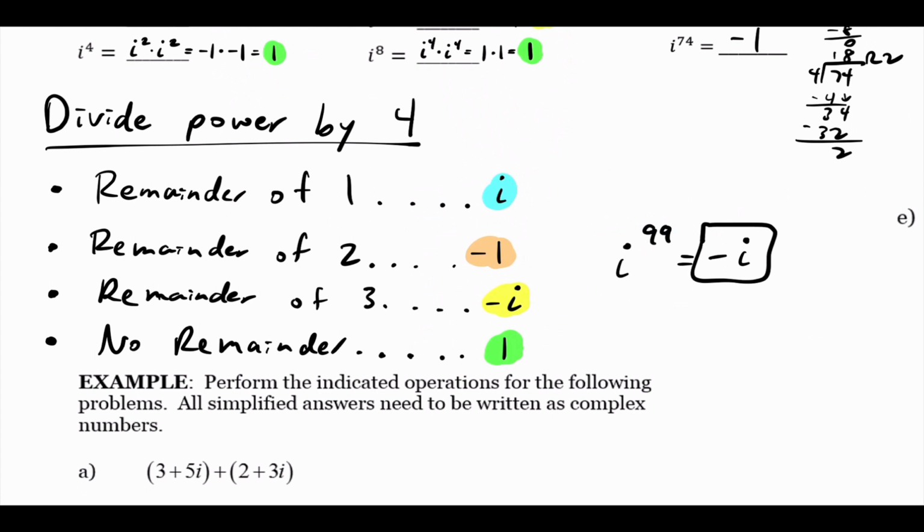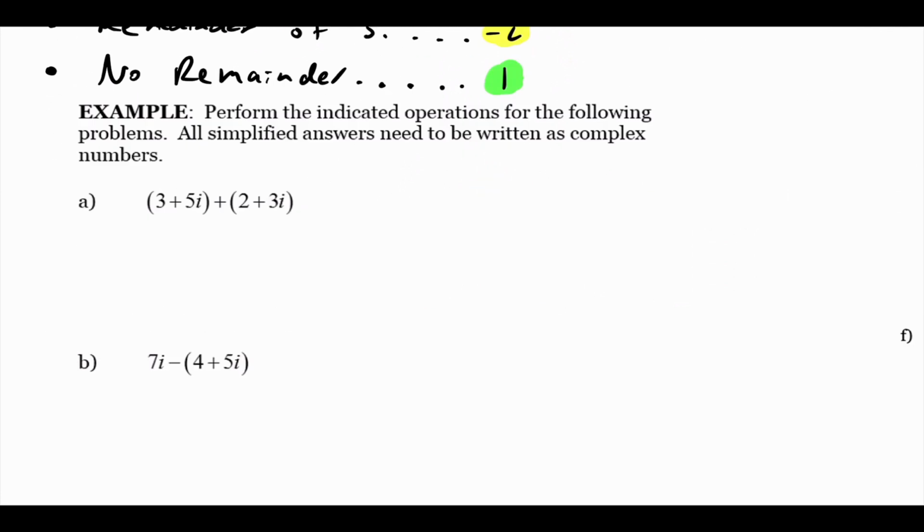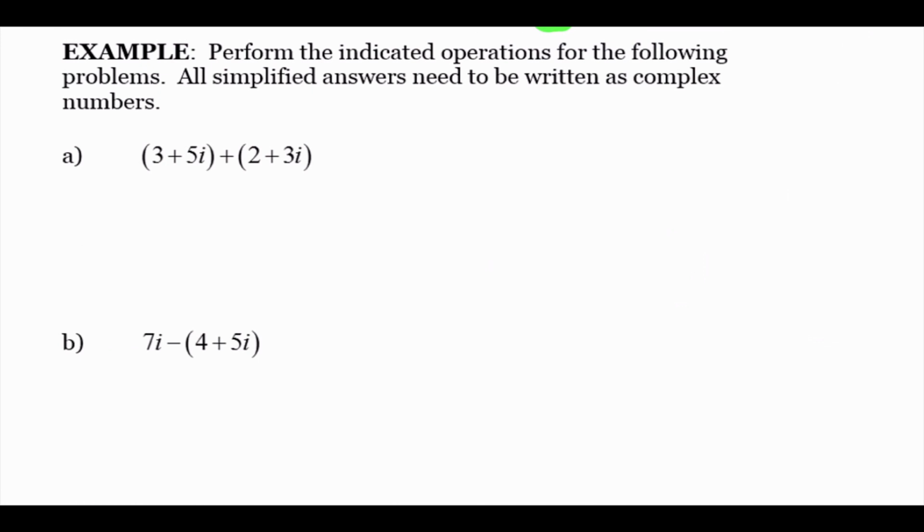All right. That was the hard part about today, the pattern part. The rest of it's relatively regular for you guys. It's nothing crazy. So if you could guess, what do you think I would do here for A? Distribute, right?